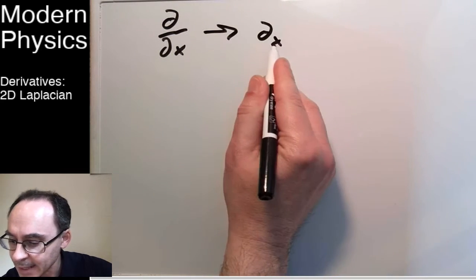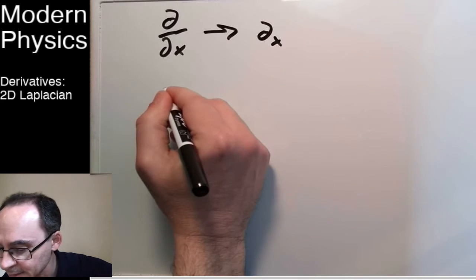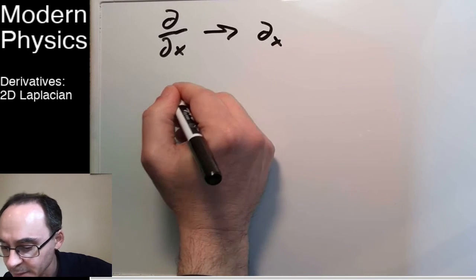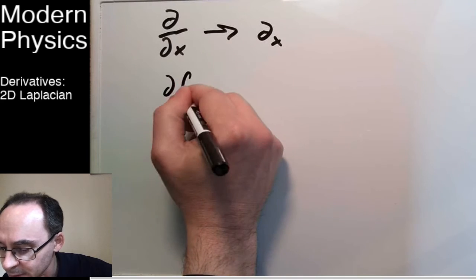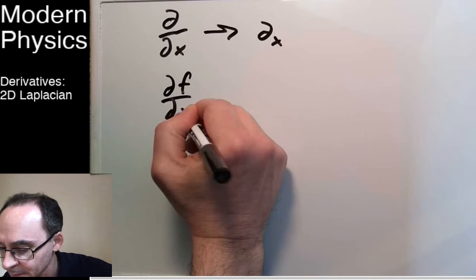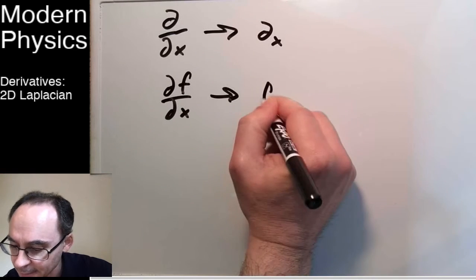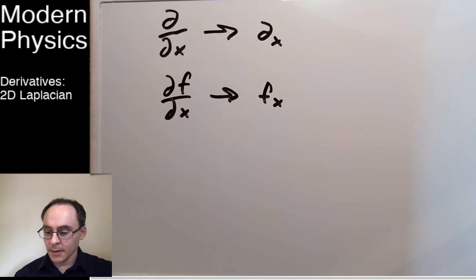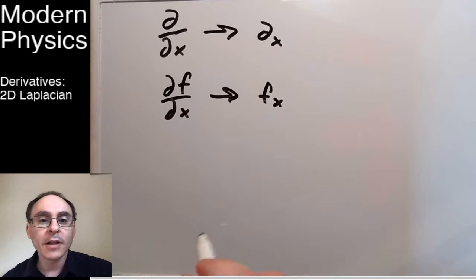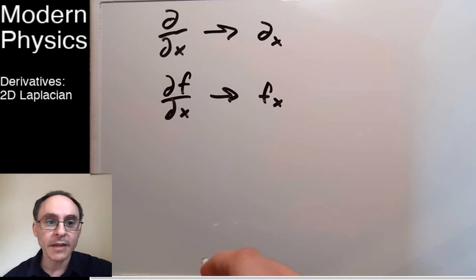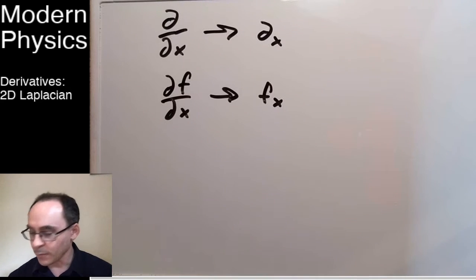So when I write that, it just means the thing on the left. And if I'm actually taking the derivative of something, for example, I have some function f and I want to indicate the derivative of f with respect to x, I'm just going to write that as f sub x. In general, I'm going to use a lot of subscripts, and that's going to make for a lot less writing, and hopefully I can fit a lot more into the whiteboard that way.